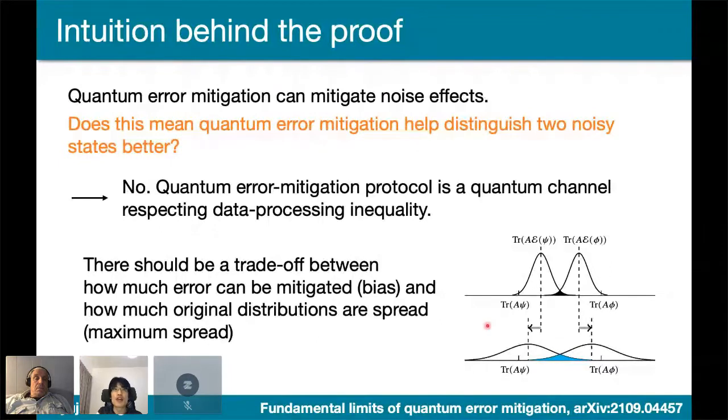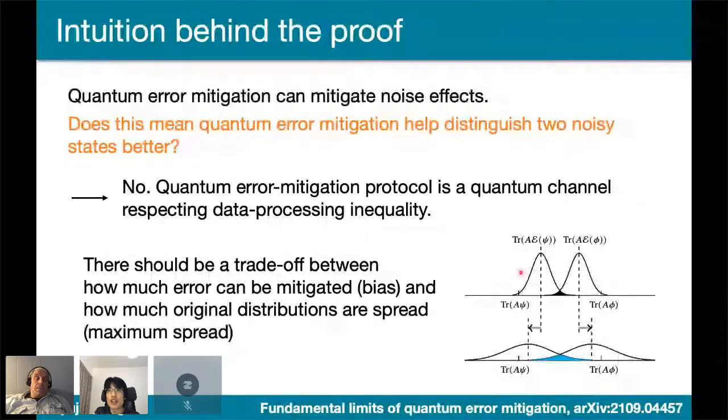But how do we understand this, right? Because error mitigation should really mitigate the error effect. So what's happening here is that suppose you take two quantum states, psi and phi, and suppose that the expectation values of these two states sit here. But because of the noise effect, these expected values are shifted inward like this, for instance.